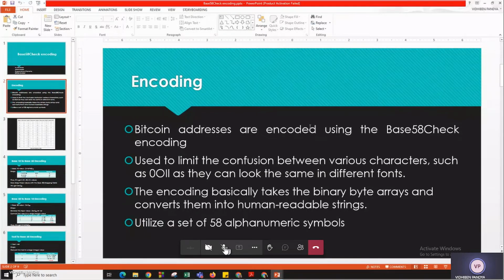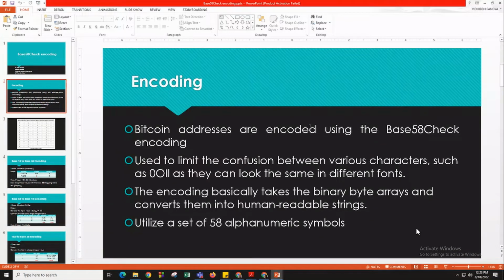Let's say if I'm writing 0 or the English alphabet O, both will look the same, right? Then capital I, small i, and small l.